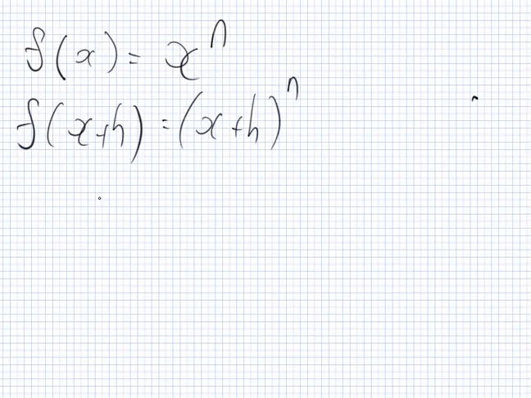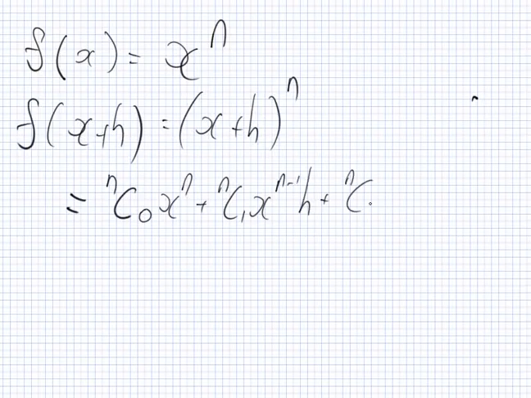And then, if you think back, this is nC0 x^n plus nC1 x^(n-1) h plus nC2 x^(n-2) h squared, etc. This we did in binomial expansion.